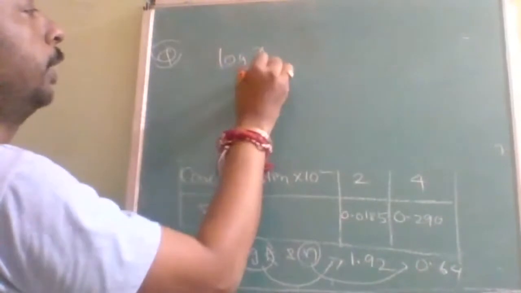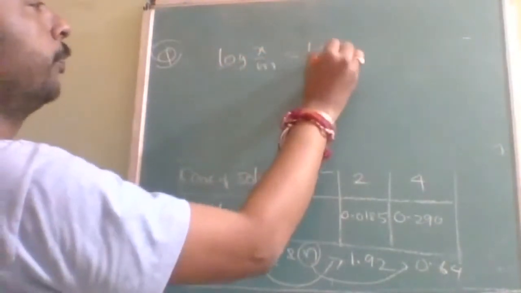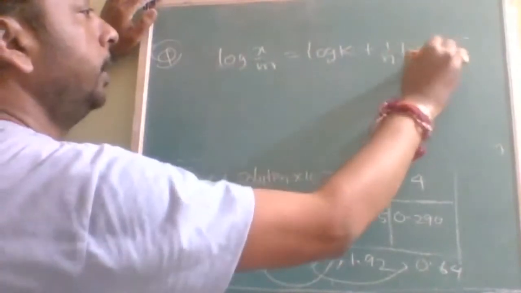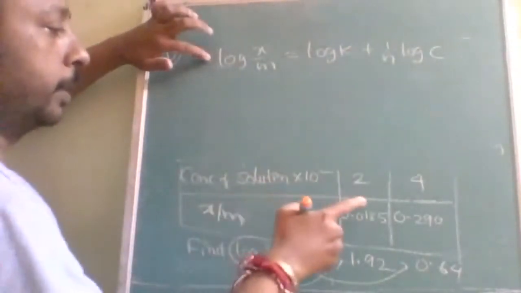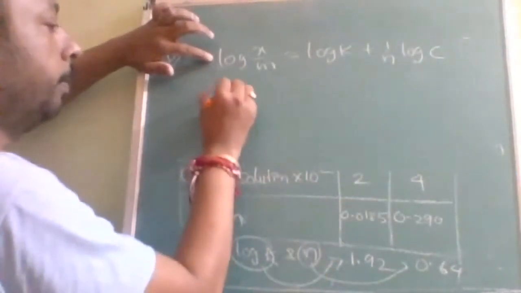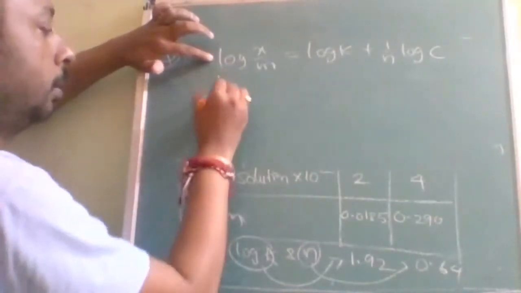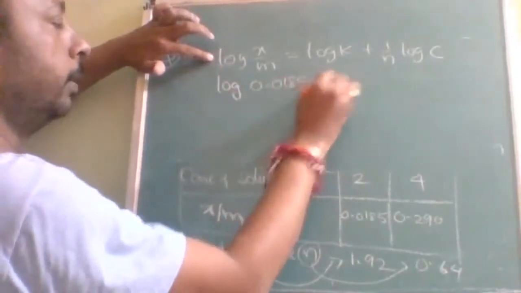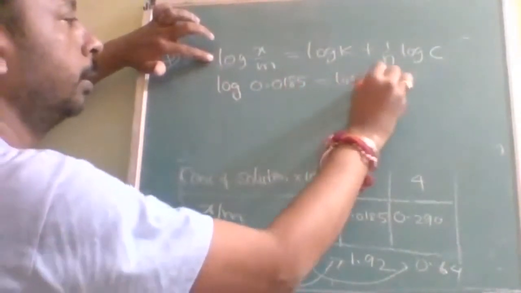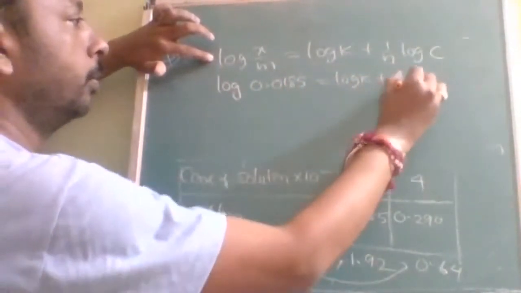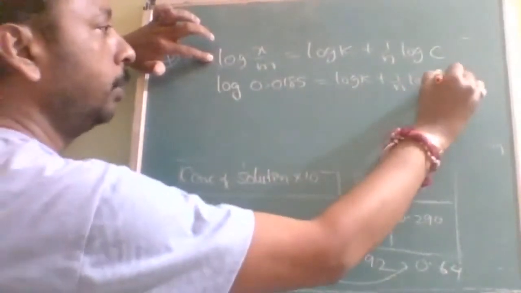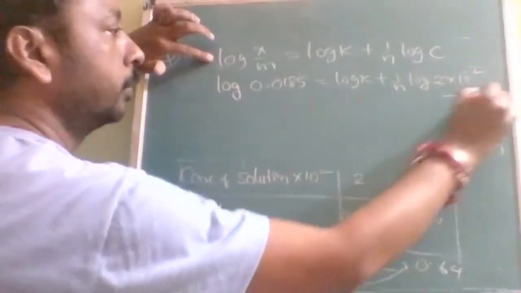Log X upon M is equal to log K plus 1 upon N into log C. So for the first condition, I am taking log 0.0185 is equal to log K plus 1 upon N, which we don't know, into log C. On multiplication, this will be 2 into 10 to the power of minus 2.